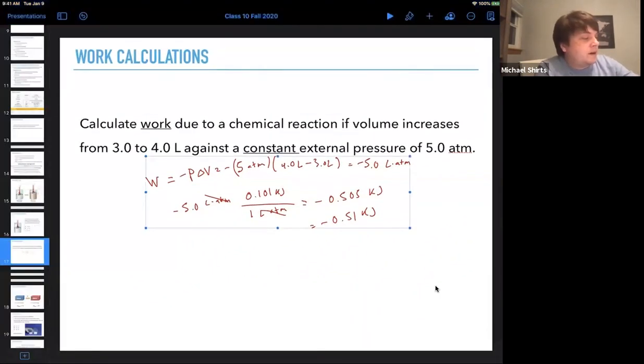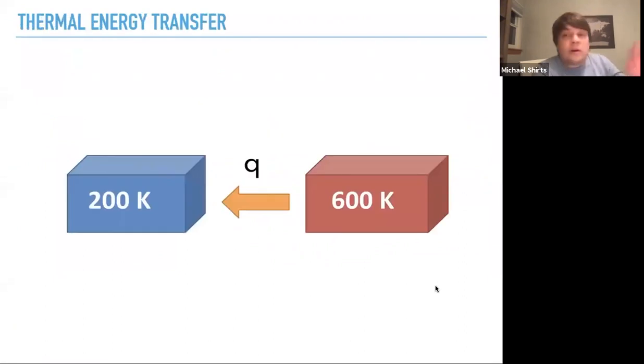All right. So, thermal energy transfer. Another way that energy can be transferred is through heat. For example, if we have 2 systems in thermal contact, and one is hot, then the molecules are vibrating a lot. Assuming it's the same substance, the molecules are vibrating faster.